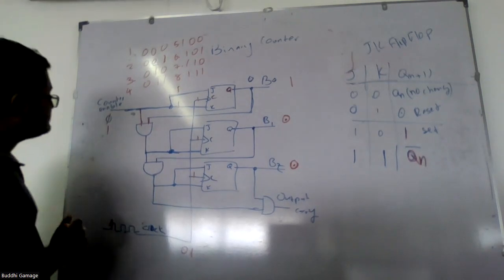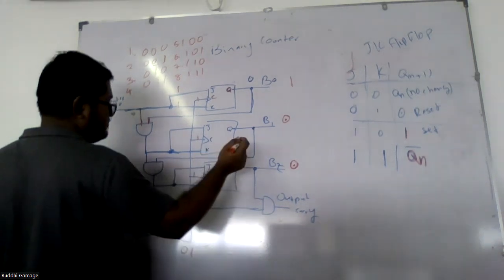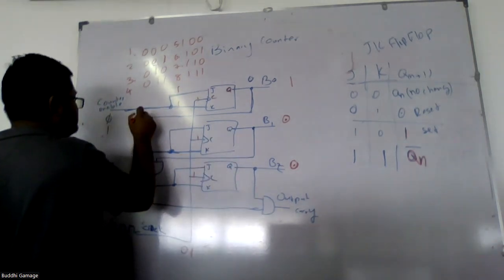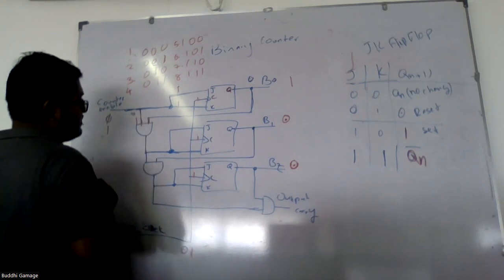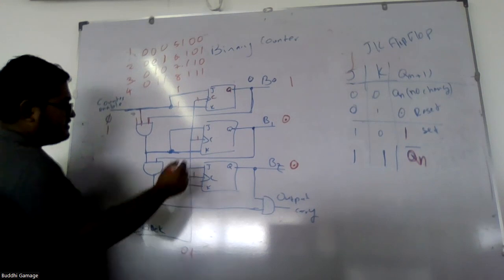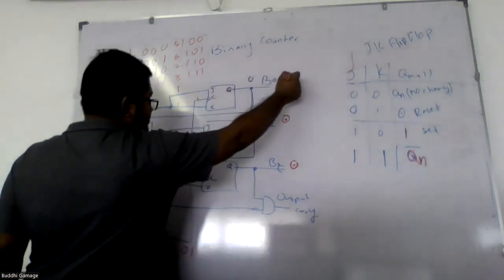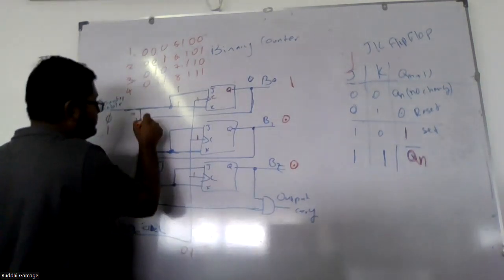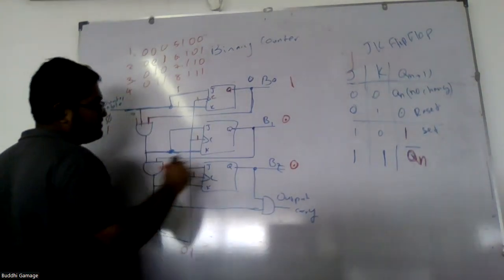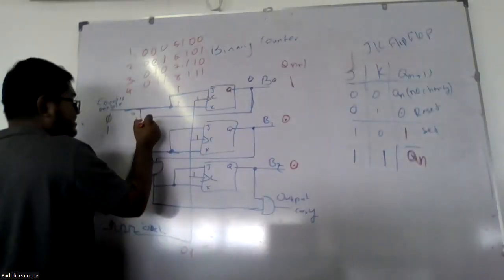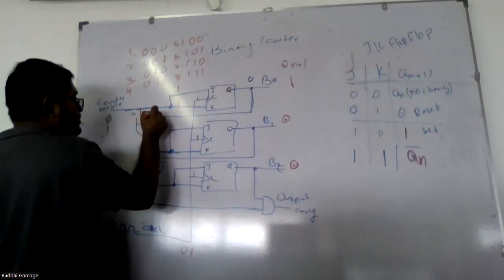So this one, right? Clock tick has happened, and it changes this one to 1. But what is the input for this one? This is actually Qn plus 1. But here we need to input Qn.